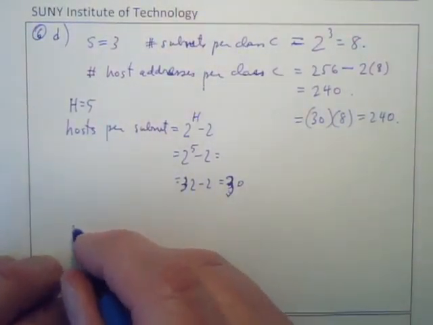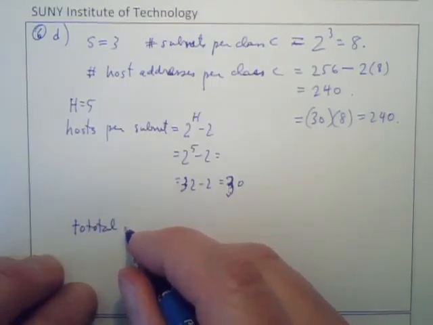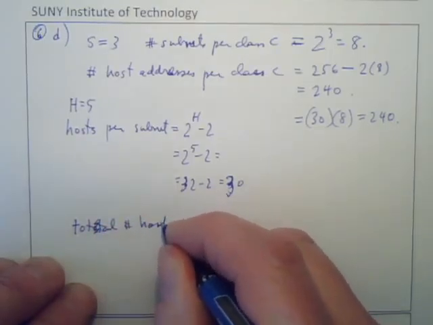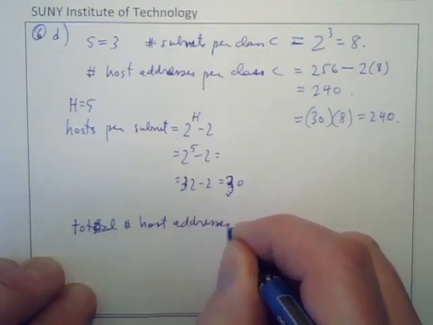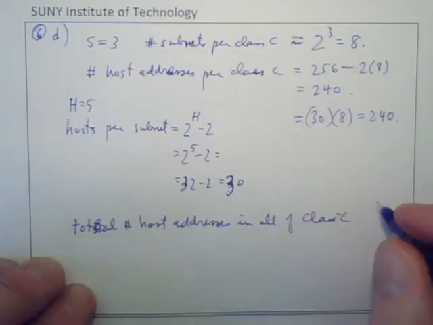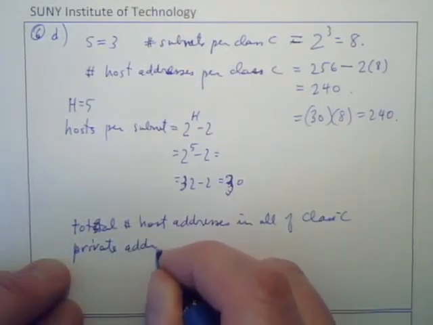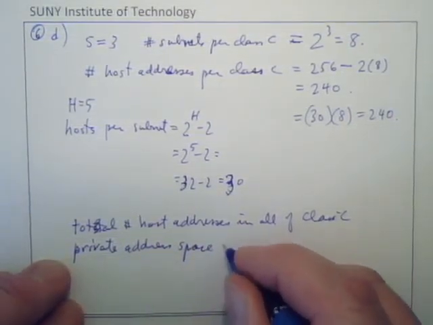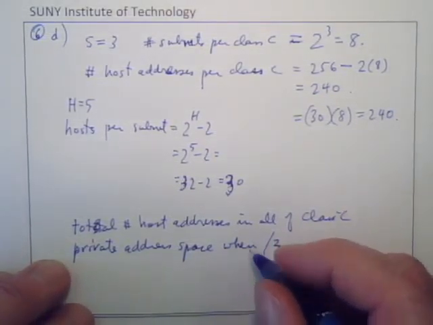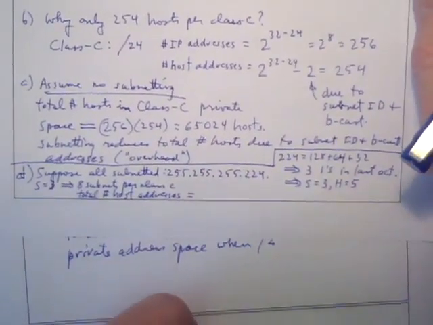Finally, there are 256, so the total number of host addresses in all of Class C private address space when using slash 27.